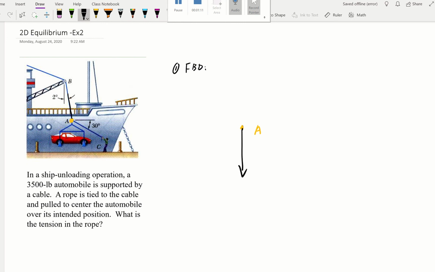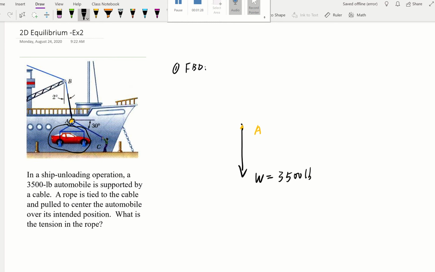It's just going to go straight downward. I don't care how this rope is connected. That's the weight of the automobile, equal to 3,500 pounds.